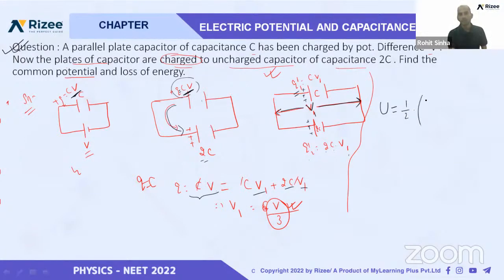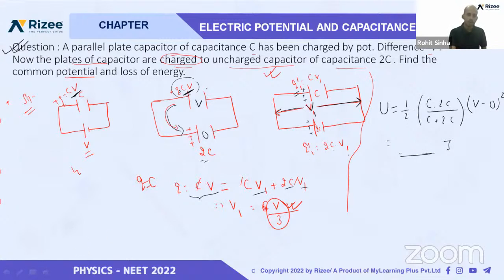Half of C1 C2 by the addition of both of them, into the potential difference squared. What was the potential difference? Initially one had potential V and the other had potential 0. We can write V minus 0, and we will get our answer in joules. Any problem to anyone?